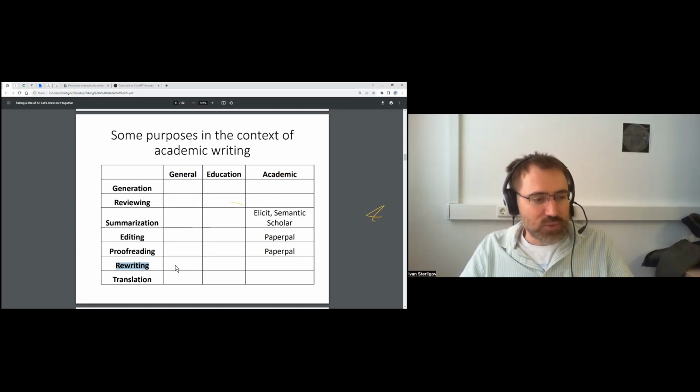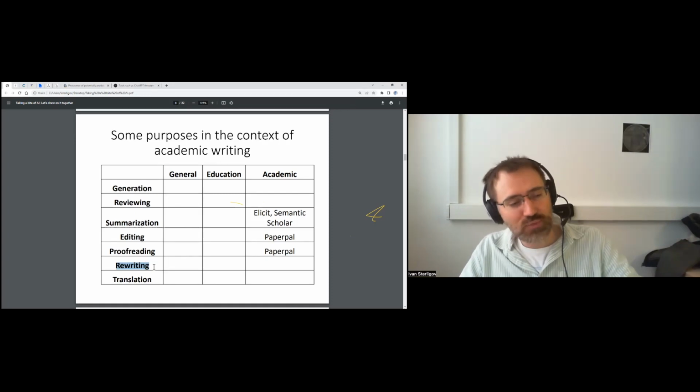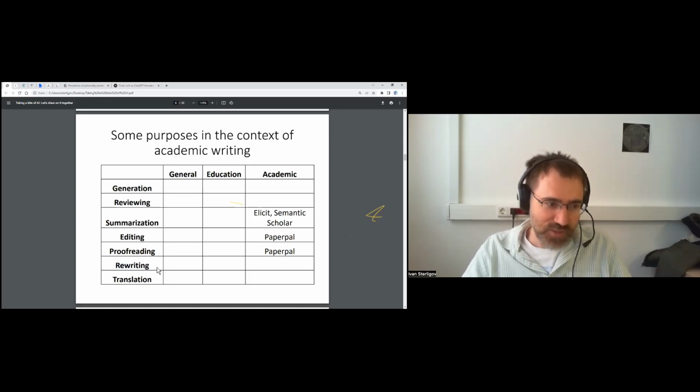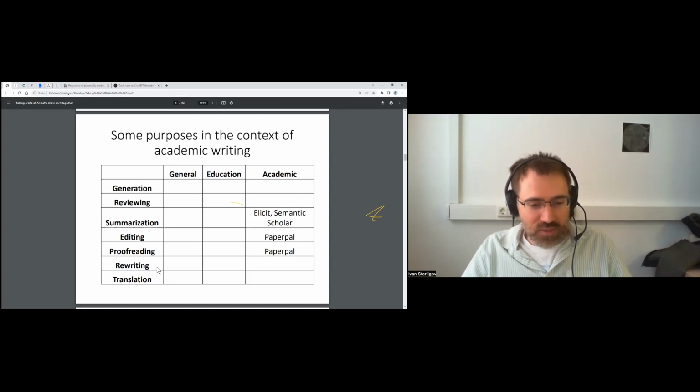We can use these large language models and chatbots for rewriting academic texts, which is also highly controversial. It's great for plagiarizing, for hiding the traces of plagiarizing, and it is very poorly detected.